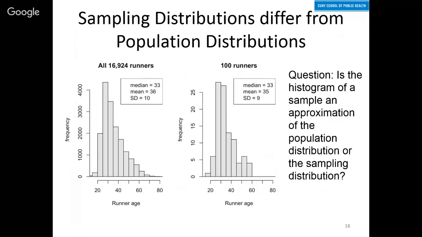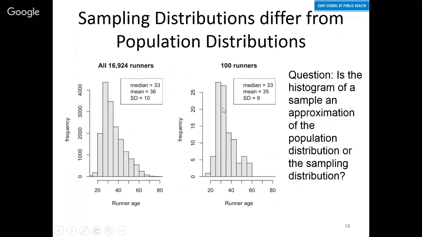This is a sample of 100 runners. Does this look like the population distribution, or does this look like a sampling distribution? It looks like the population distribution.